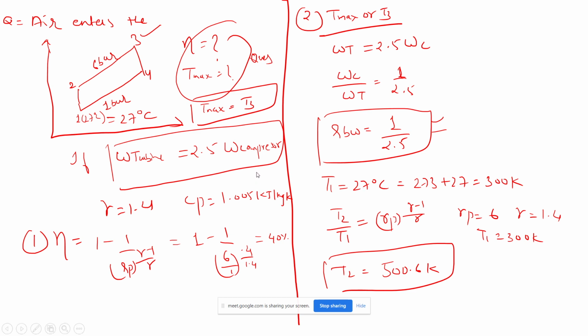I doubt, sir, how RW equals T1 by T3 into RP power gamma minus 1 by gamma. Directly we know this for an isentropic process.